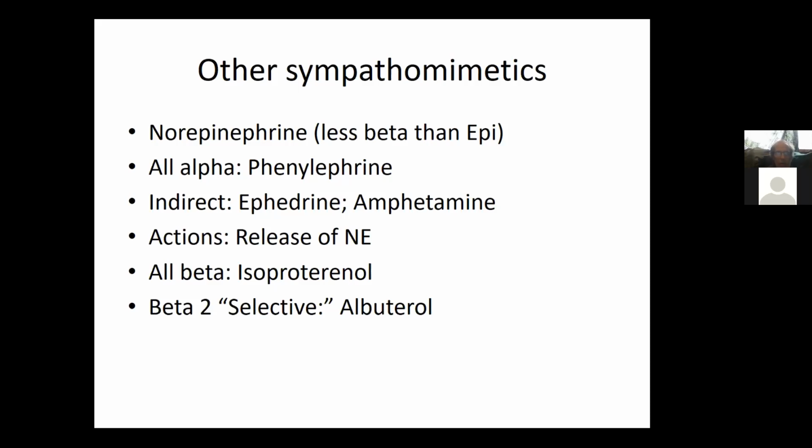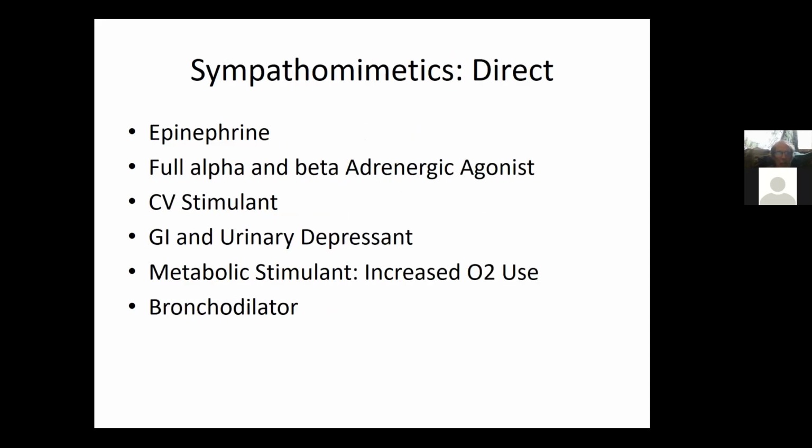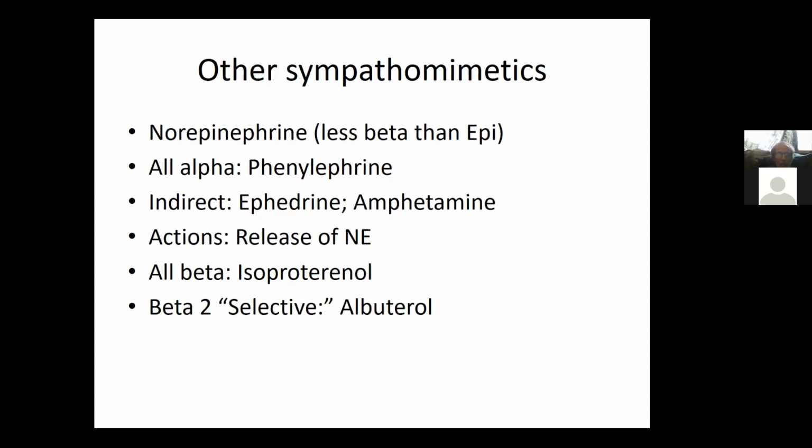So the prototypical agent now becomes norepinephrine, because the other sympathomimetics have a very prominent sort of alpha flavor, at least the first agents that we're going to talk about. So norepinephrine can be utilized as a prototype in this particular arena. And again, all you need to do to think about what these effects are is think about epinephrine and then just pull back on that beta side a little bit. Not eliminate it, but just pull back on it a little bit. And you have what's going on with norepinephrine.